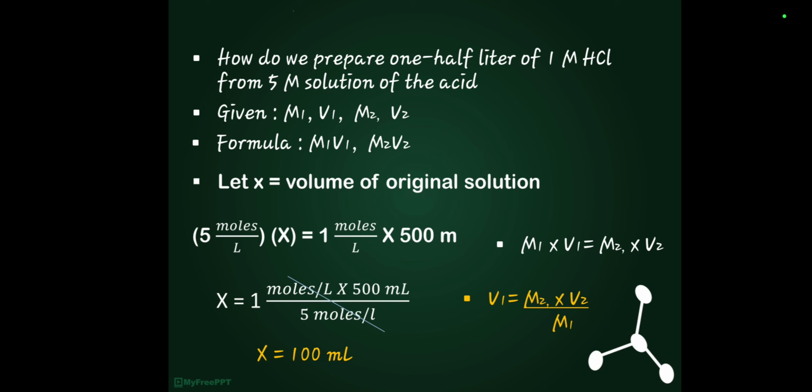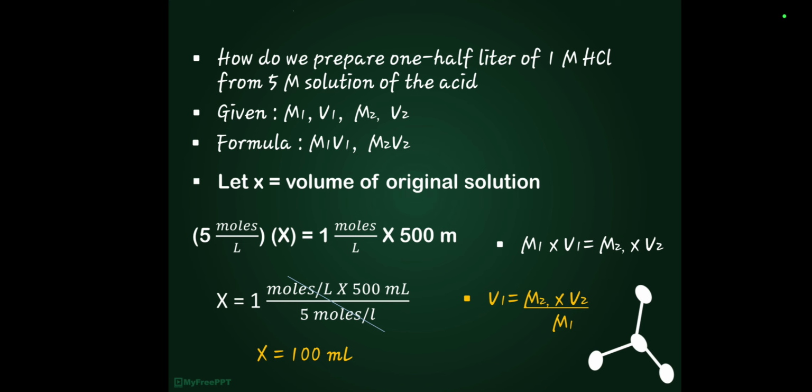So M1 would be 5 moles over liter, and let X be the unknown, or the one not given, which is volume 1, and it equals M2, which is 1 because 1M is given, 1 mole over liter times 500 mL.